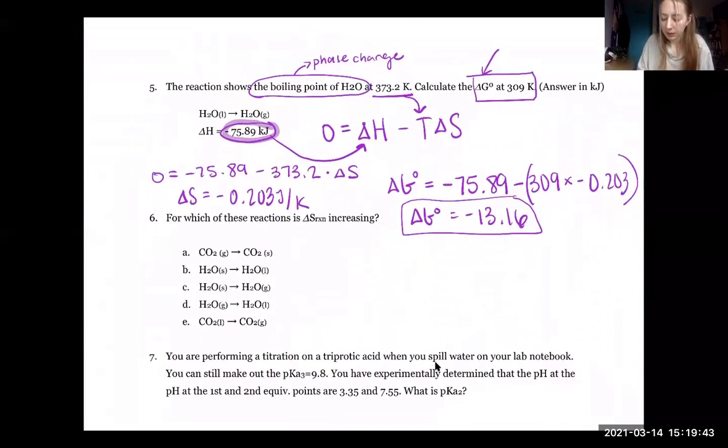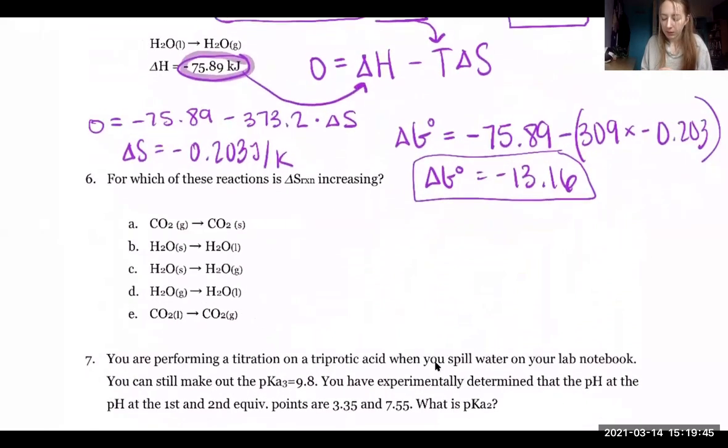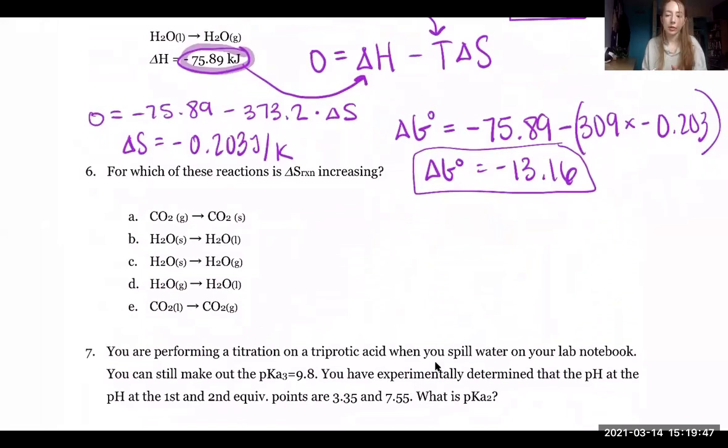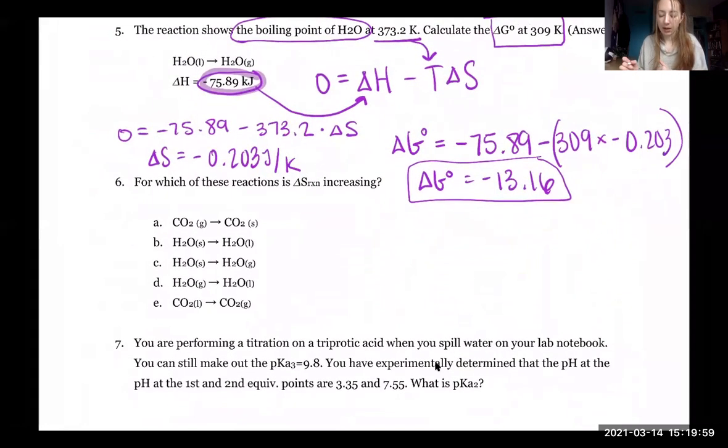Like we talked about earlier, for delta S of the reaction, we're going to be looking at things going from a more ordered state to a less ordered state to increase the entropy. Sorry, I'm getting a little distracted by the question in the chat. So just to finish those previous questions, number 4 is just the average of both pKa's.